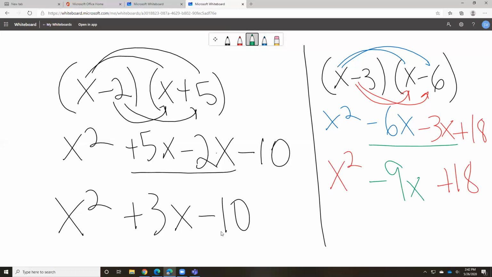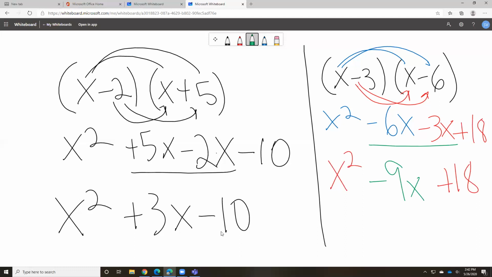So again, just like a negative times a negative gives you a positive, when we're combining a negative with a negative, we end up adding. So 6 plus 3 is 9, and we keep the sign negative of the bigger number, which is negative.